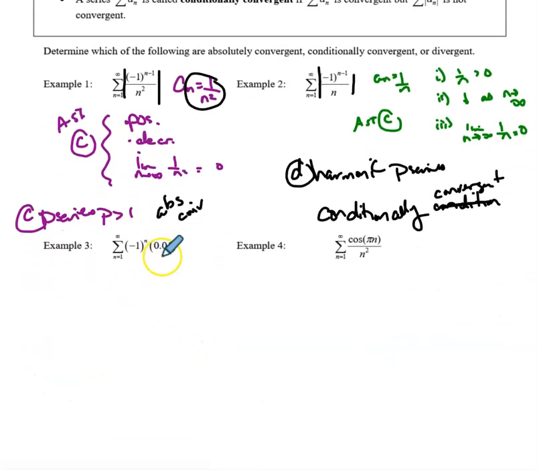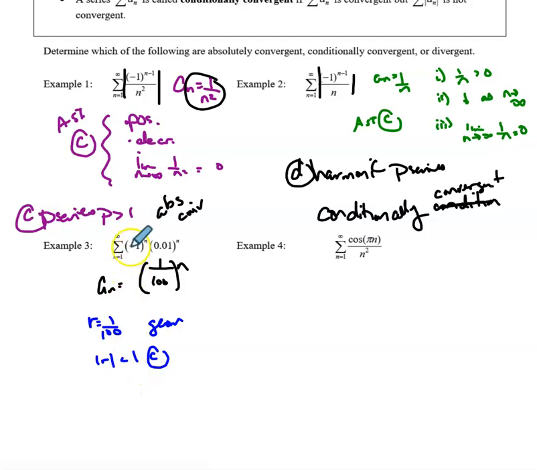This one is the 0.01 to the n, which is really 1 over 100th to the n. So my underlying series is 1 over 100 to the n. Well, here's the really cool thing: since I know that this is a geometric series with r equals 1/100, I know that the absolute value of r is less than 1, so this series converges.